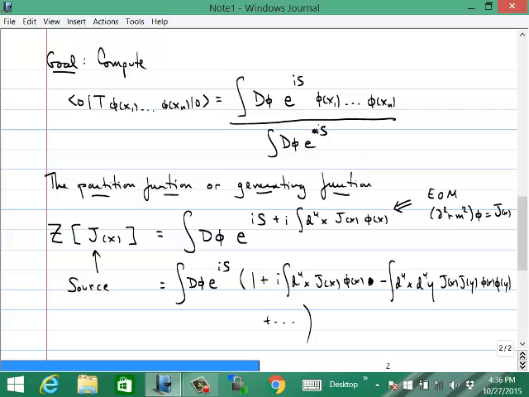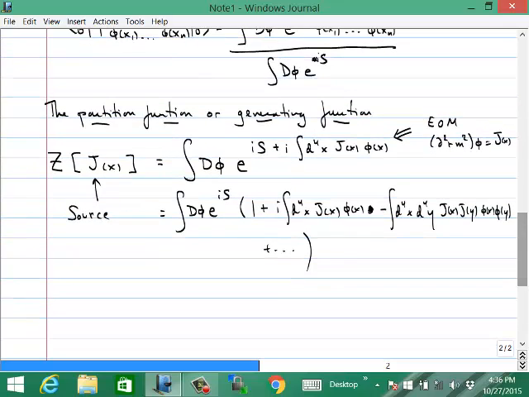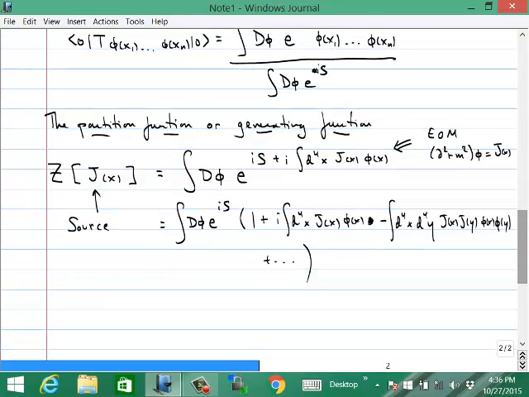What I want you to do is look at the various terms that appear in this generating function. Note that the term that is linear in J is exactly what you would want to compute if you wanted the expectation value of 1 phi. The term that is quadratic in J is what you would need to compute the correlation function of 2 phi's, the 2-point function of phi.